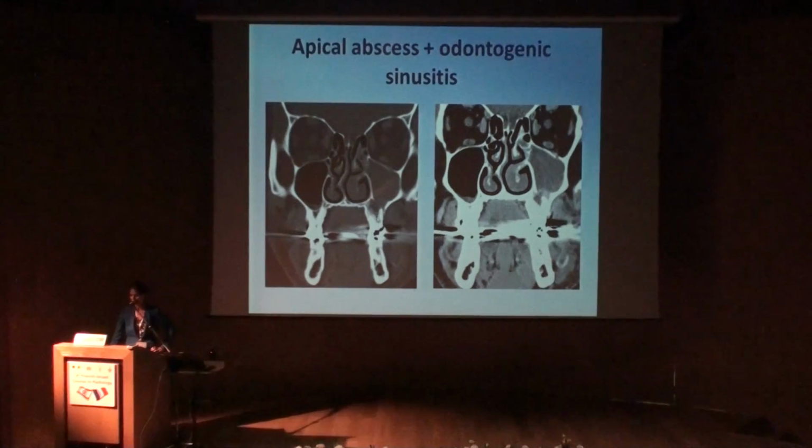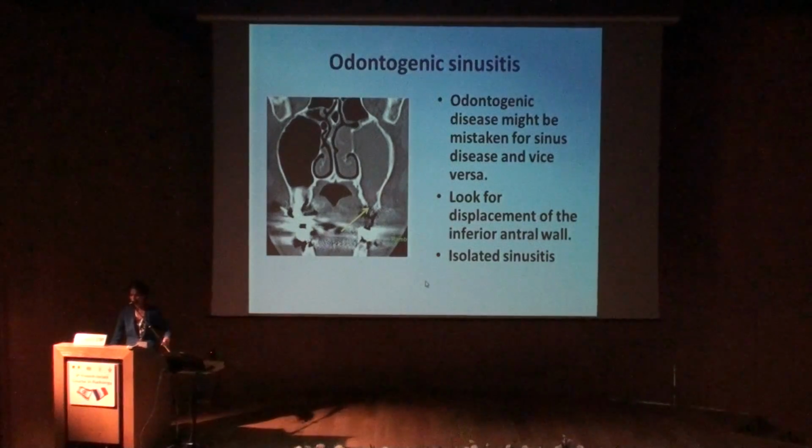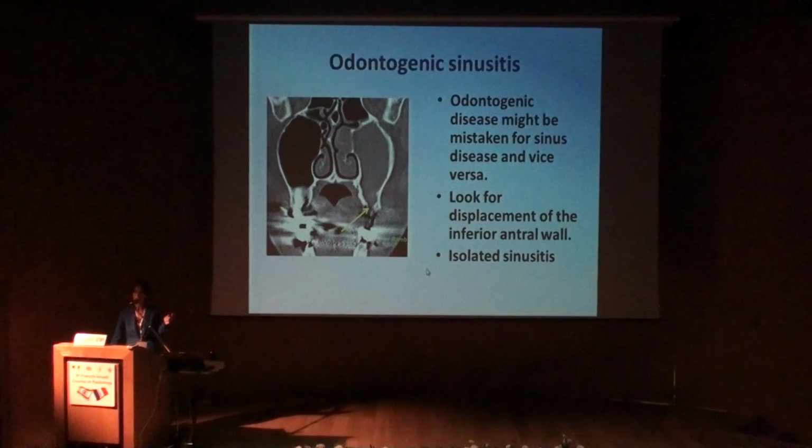You can see the root in the maxillary bone with a hypodensity representing an abscess, and also reactive sinusitis in the maxillary sinus.